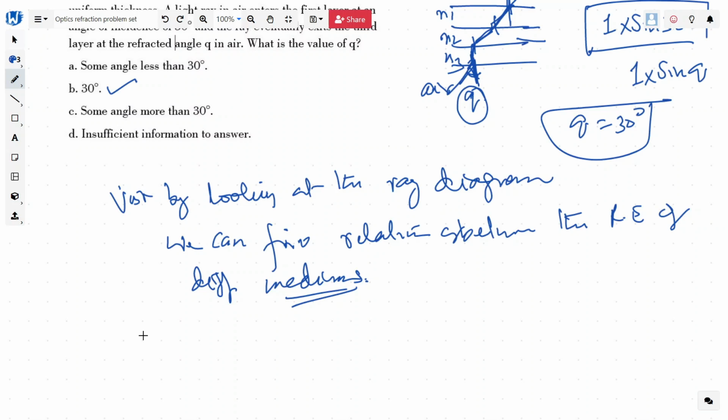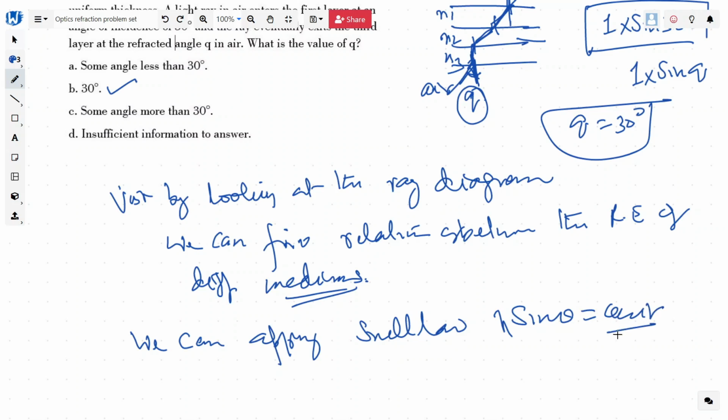And we can apply Snell's law, n sine theta is constant, without worrying about what happens in between. So one part from this point and another part from this point, and it will always be correct. So with that, we'll close this video, and if you have questions, you can post.